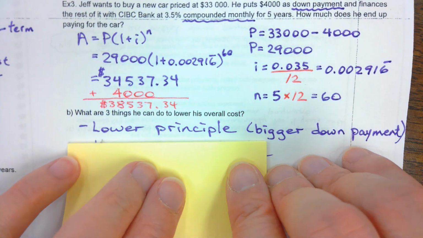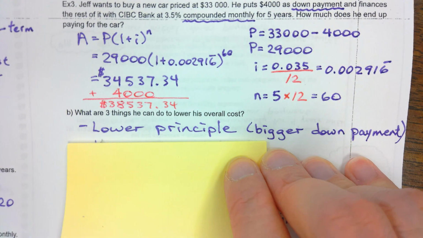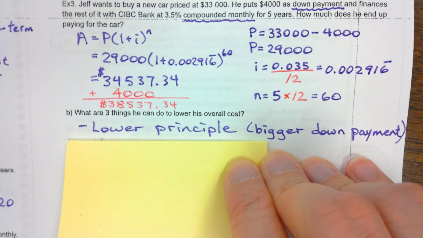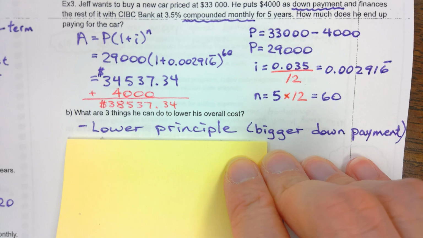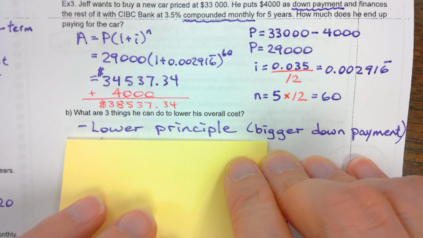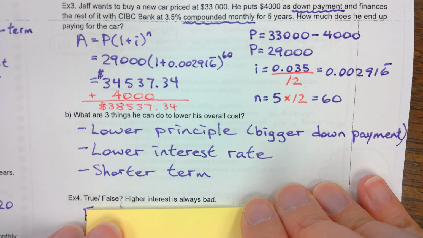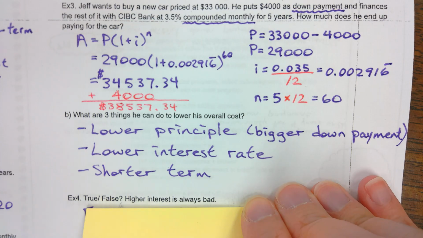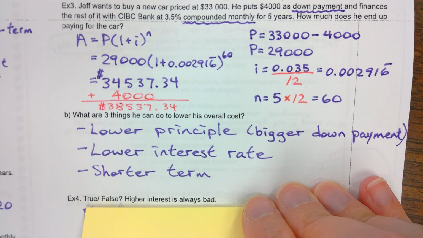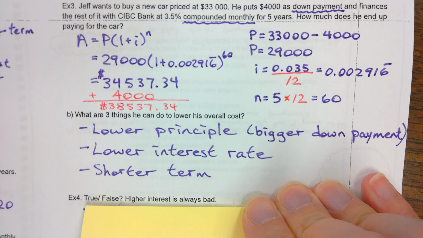So lower the principal with a bigger down payment. One more. Any idea how to lower that interest rate? Right. Lower the interest rate. So if CIBC is offering you 3.5%, but RBC might do 2.5, you want to go with a bank that offers a lower interest rate.